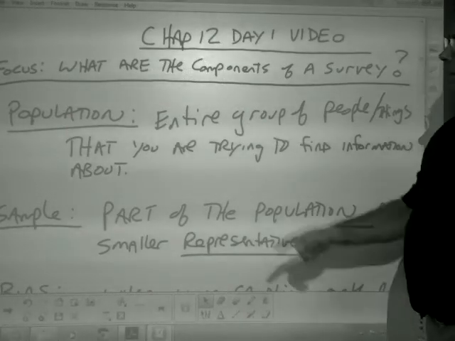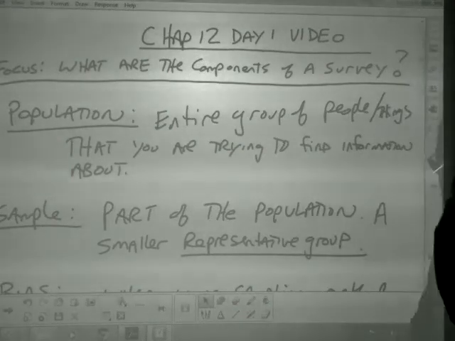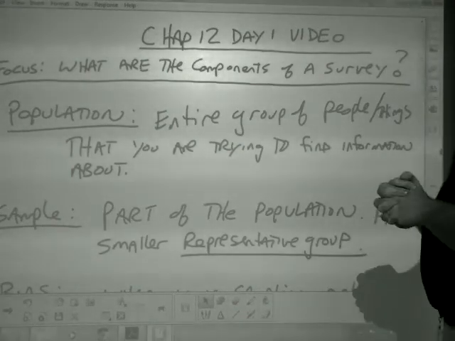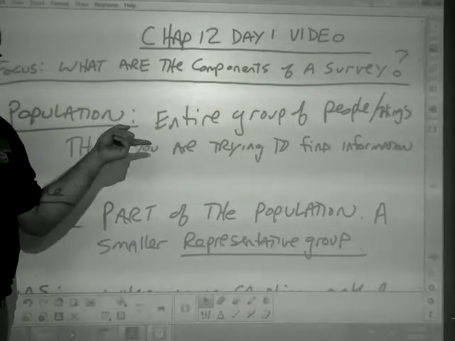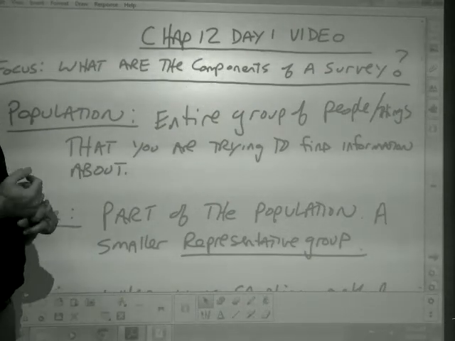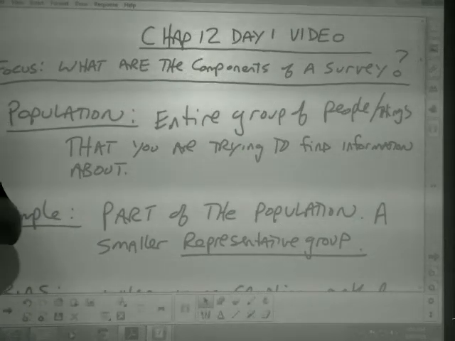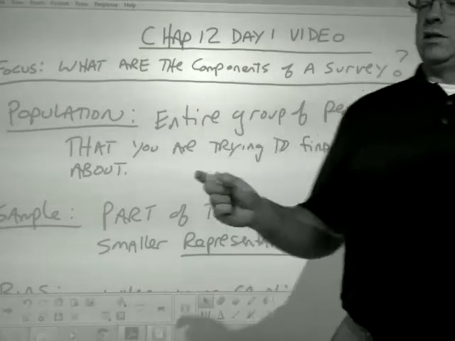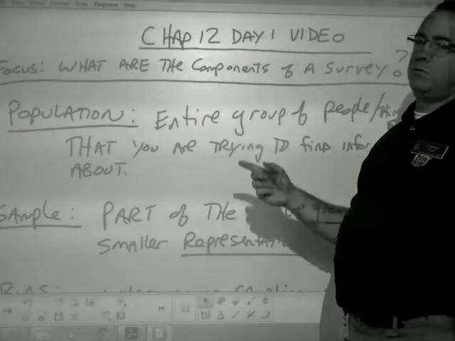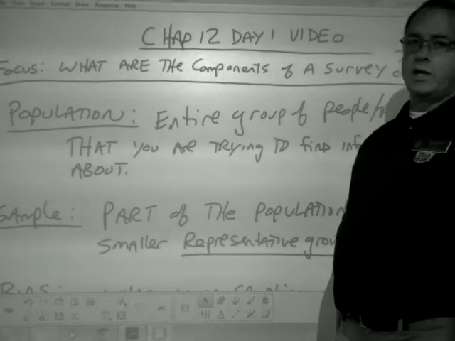So the first thing we're going to talk about is population. I think you pretty much know when I say the word population, you think of a large group. But it's defined to be the entire group of people or things, because it's not always people that we're studying, that you're trying to find information about. So if you're trying to figure out the life expectancy of a tree frog, the population would be all tree frogs of that certain genetic type.